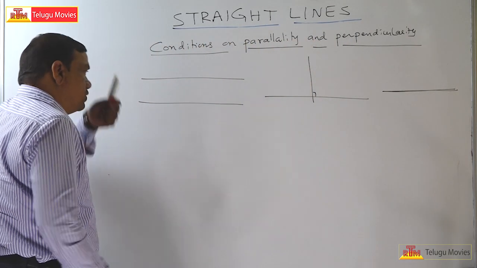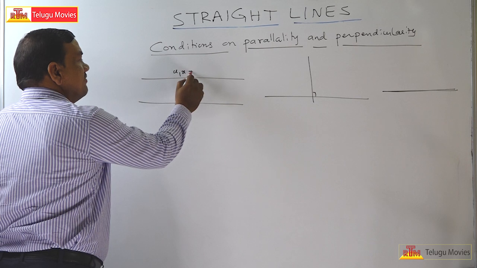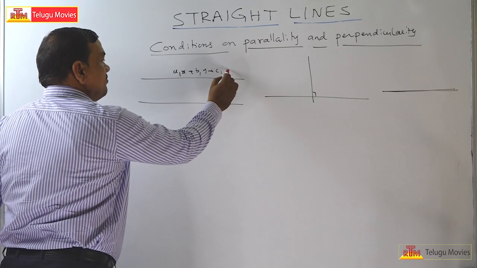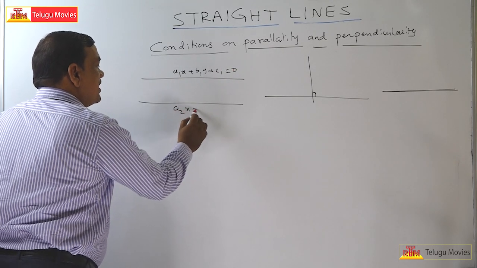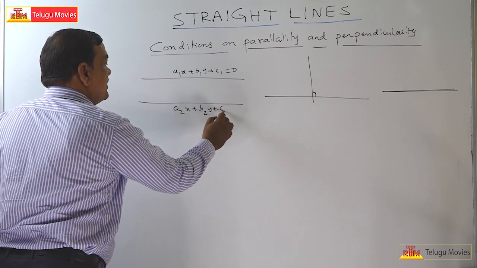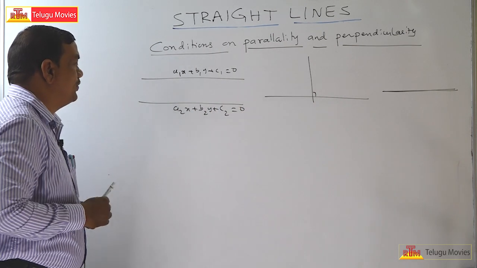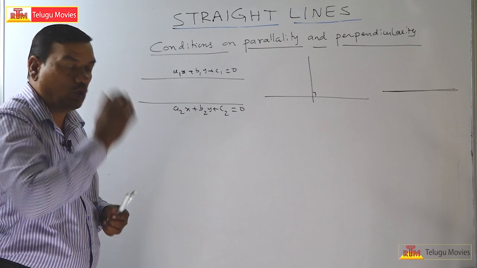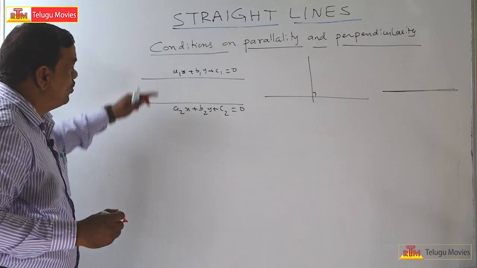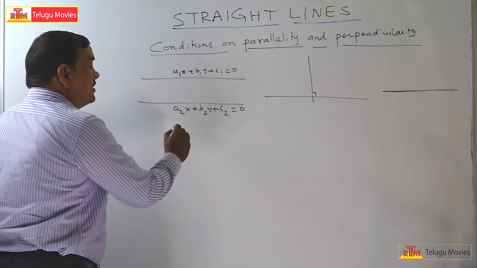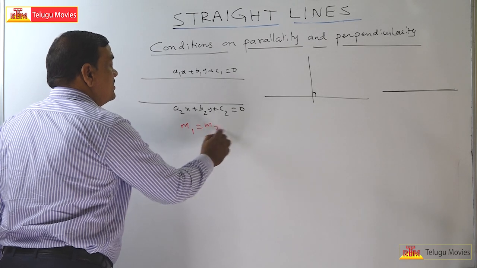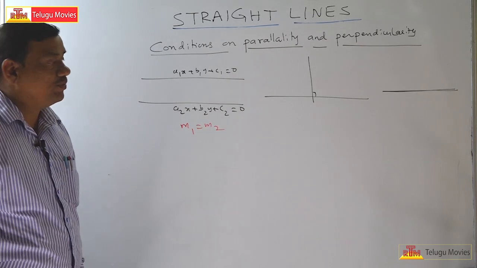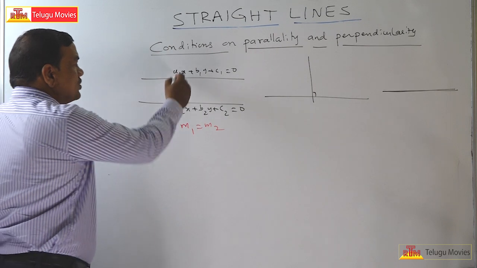Let us see that. The first equation is a1x plus b1y plus c1 is equal to 0. The second equation of the line is a2x plus b2y plus c2 is equal to 0. Then when two lines are parallel, what can you say? The slopes of the lines are equal, m1 is equal to m2. What is the slope of the first line?